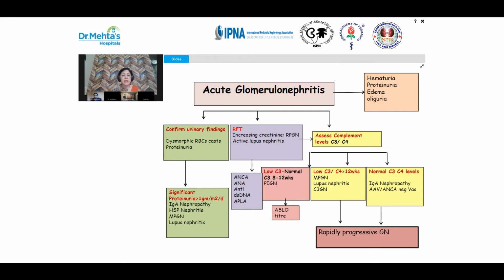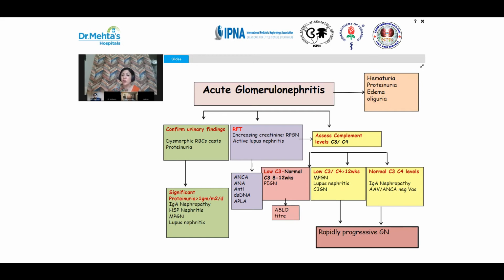This is classically seen in post-infectious glomerulonephritis. And there are conditions where the low C3 persists for a long time, in C3GN and other membranoproliferative GN, including the immune complex GN and lupus nephritis.